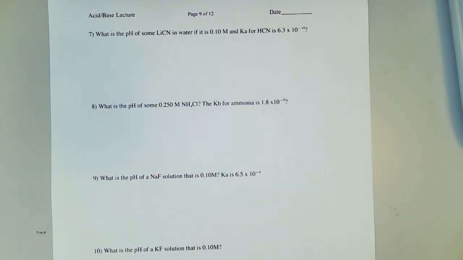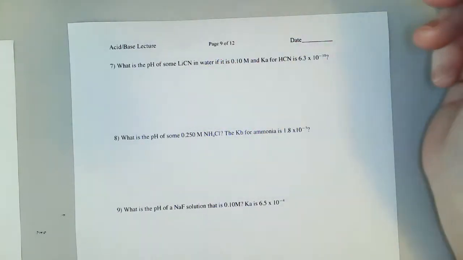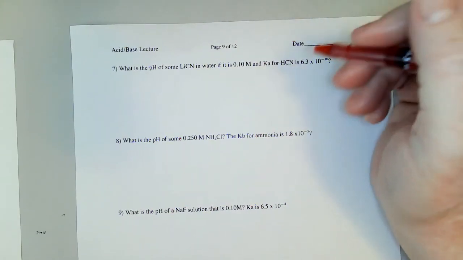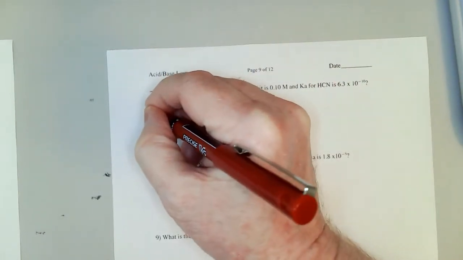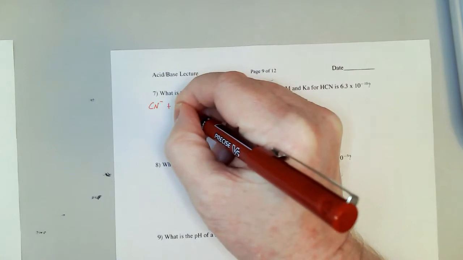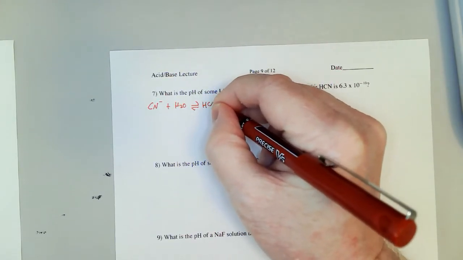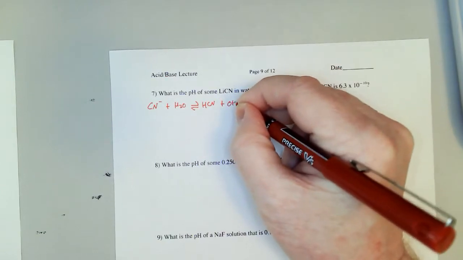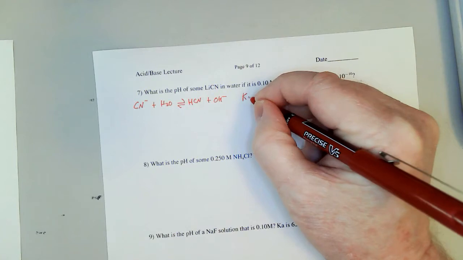So what we're going to do is a problem where we try to figure out what reacts with water and fill in the appropriate case. If I have LiCN, I have CN minus reacting with water to give me HCN and OH minus. That's going to be a Kb that I need.